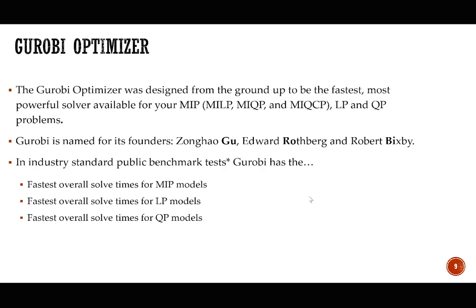Gurobi is named for its founders, and you can see them here. In industry standard public benchmark tests, Gurobi has the fastest overall solve times for MIP models, mixed integer programming, fastest overall solve times for linear program models, and fastest overall solve times for quadratic programming models. And that's why we are adopting Gurobi as our optimizer engine.